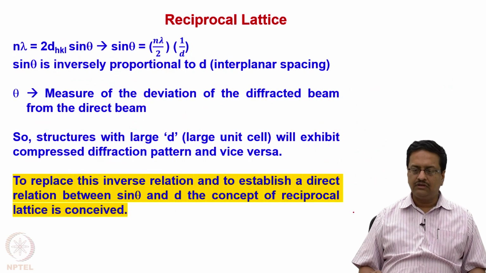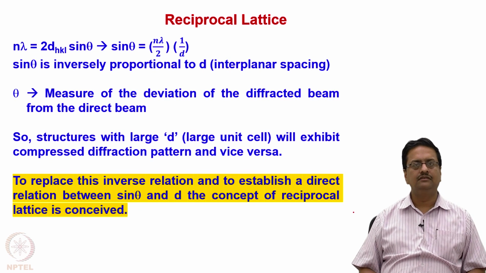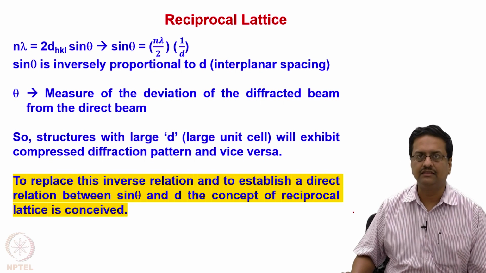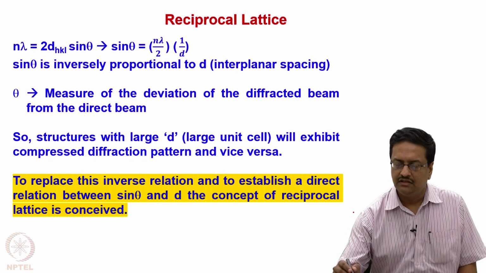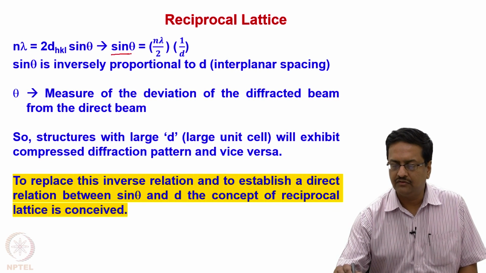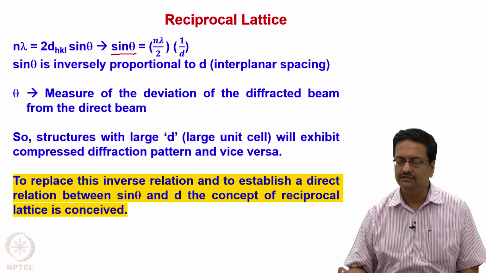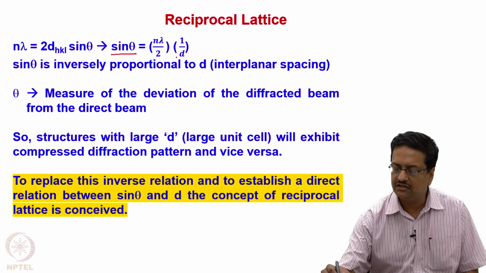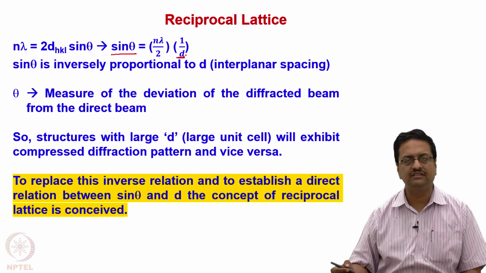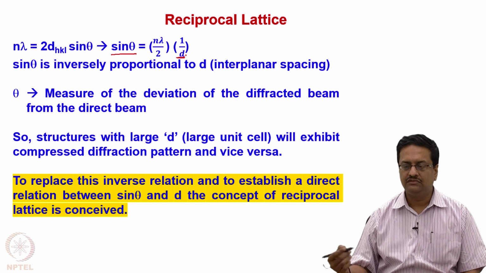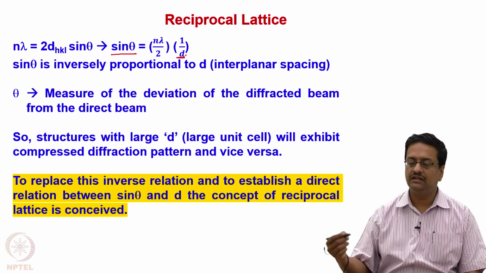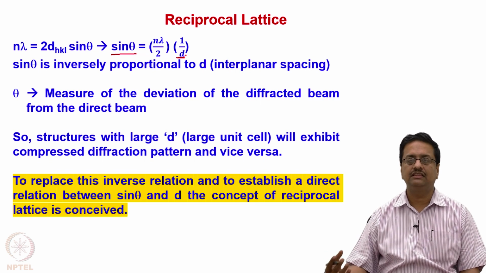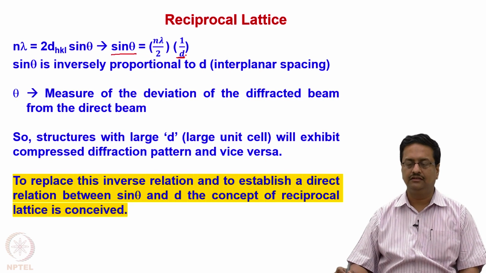But if we look at Bragg's law, n lambda equals 2 d_hkl sine theta, which means sine theta, the measure of diffraction of the X-rays, is inversely proportional to the interplanar spacing d. So sine theta being inversely proportional to d gives an impression that there is some reciprocality in it.